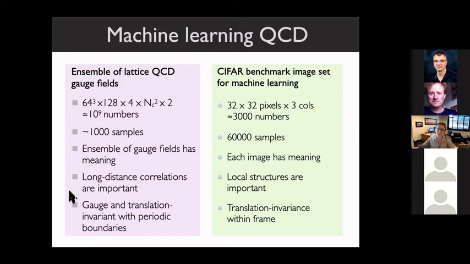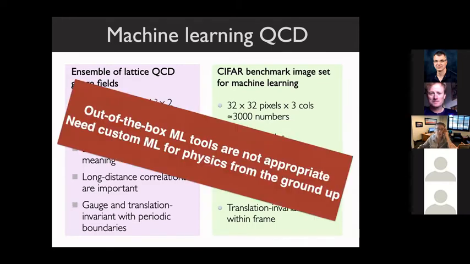And then, of course, we have complicated symmetries, things like gauge invariance and translation invariance with periodic boundary conditions, which, of course, images don't have. So for solving the full QCD problem, it's quite clear that out-of-the-box machine learning tools aren't appropriate. And we're going to need custom machine learning for physics from the ground up.